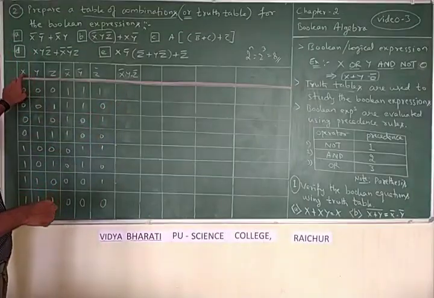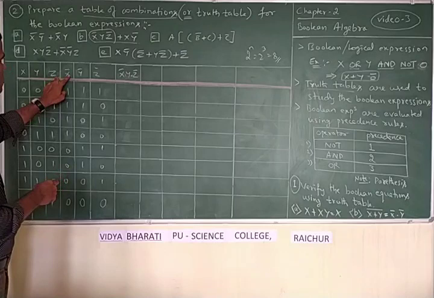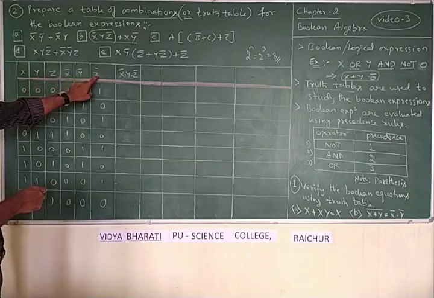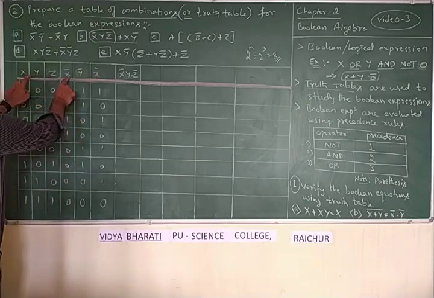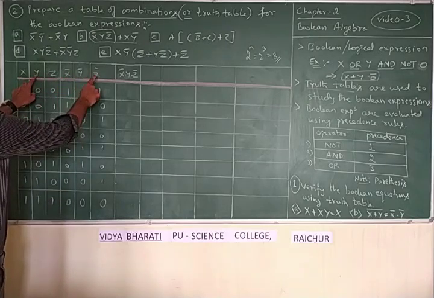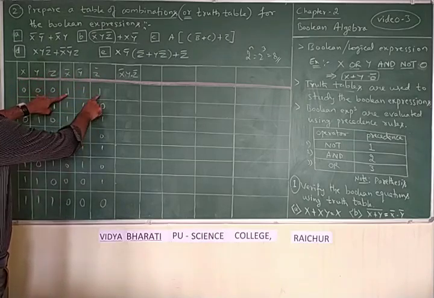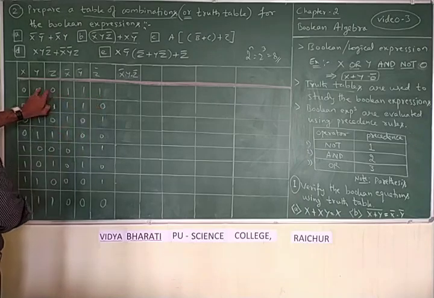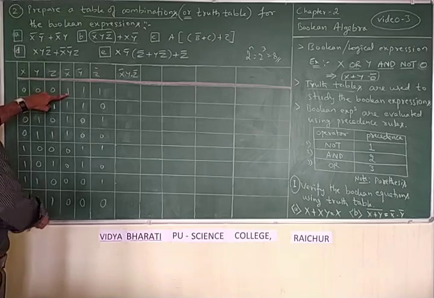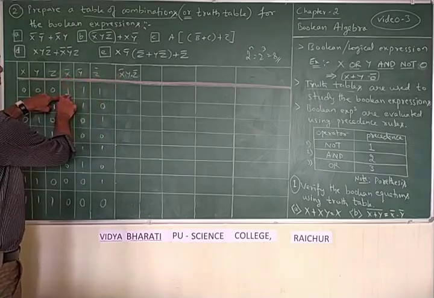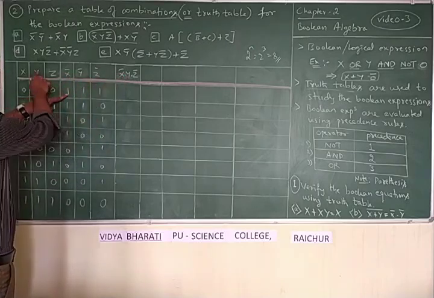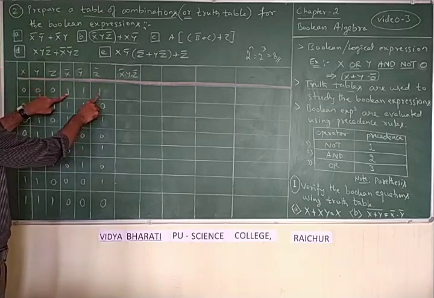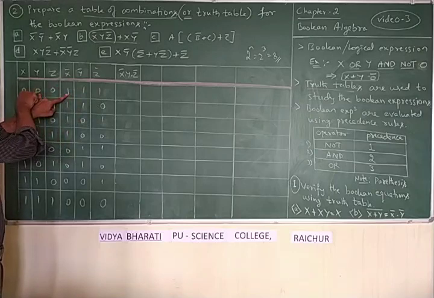So x bar column is this, y is this, and z bar. These three are not all 1, so here it is 0. Here we are having 1. So x bar means this column: here we are having 1, in place of y we are having 0, in place of z bar we are having 1. So here we are having 1, here 1, but here it is 0.